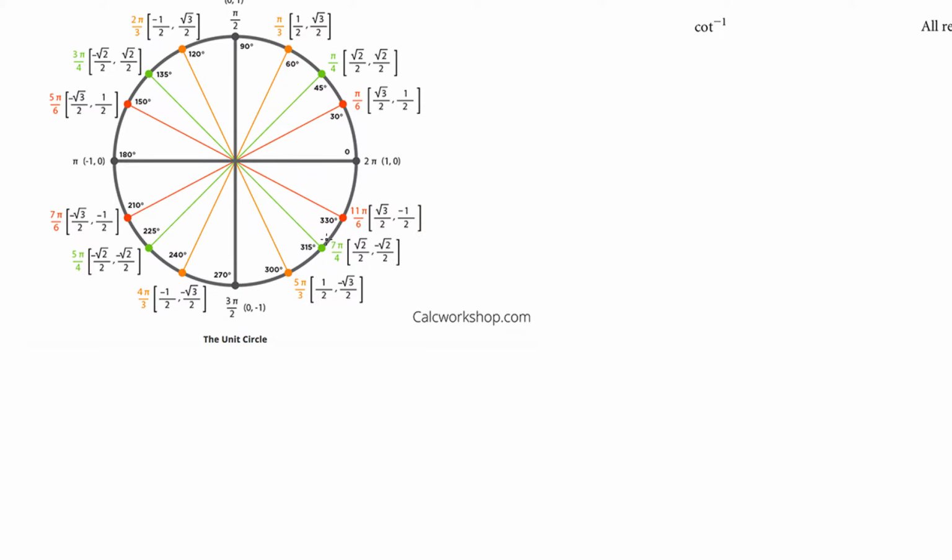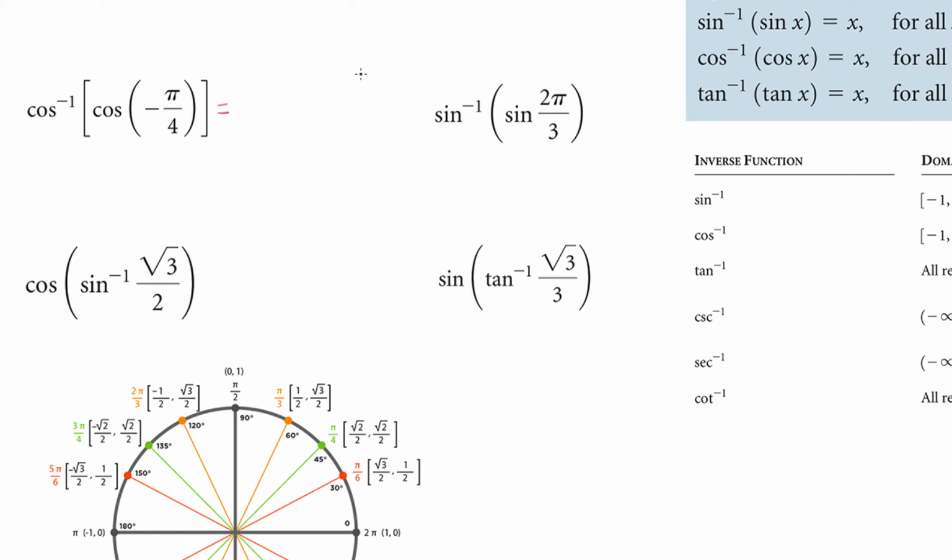Now cosine in the first quadrant is positive radical 2 over 2. The corresponding angle from 0 to pi is pi over 4, right? Because it's also radical 2 over 2. So this is basically saying cosine inverse of radical 2 over 2, which is equal to pi over 4.